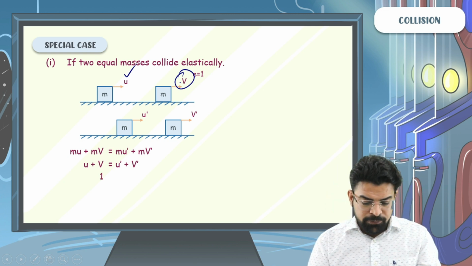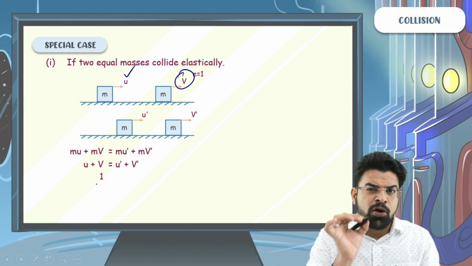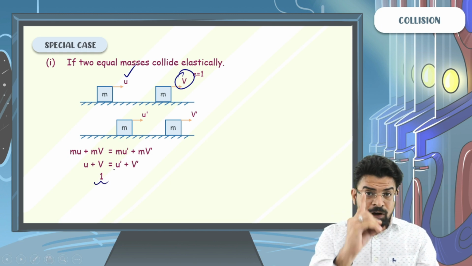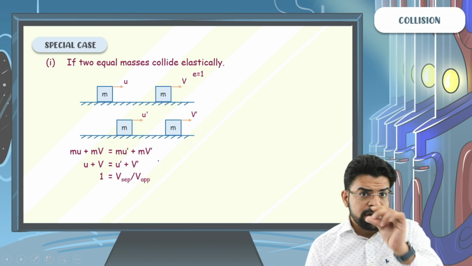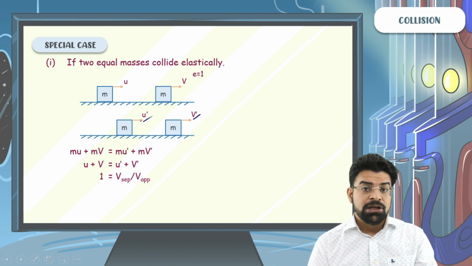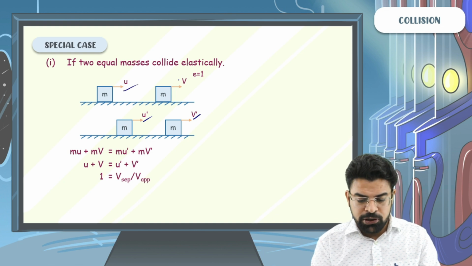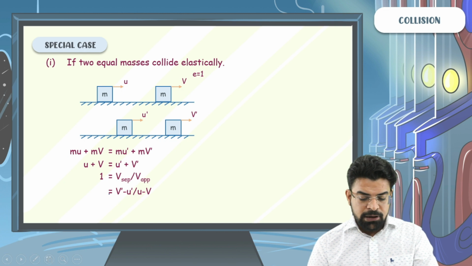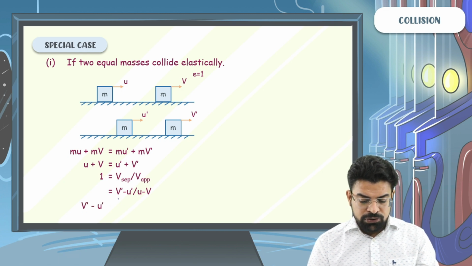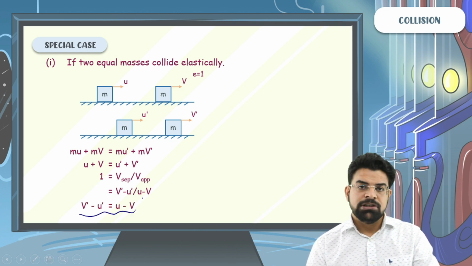This velocity v is trying to increase the separation. So velocity of approach will be u minus v. So from the equation of coefficient of restitution, which is 1 in this case, equals velocity of separation upon velocity of approach. Velocity of separation is v dash minus u dash, while the velocity of approach is u minus v. So we can write u minus v equals v dash minus u dash. This is the second equation.